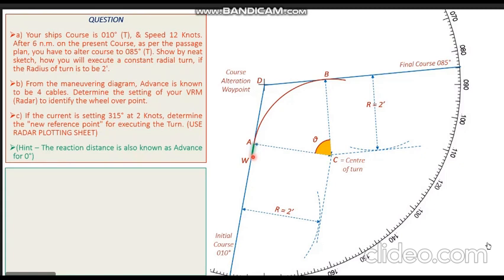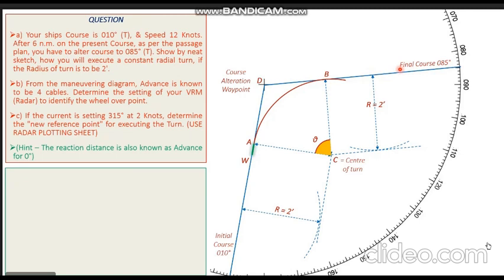Now moving further, we have the wheel over point on our plot as Whiskey. Along with the wheel over point, another important item which should be there in all our planned turns is the wheel over line. And we know that the wheel over line always passes through the wheel over point and it is parallel to my final course. So my final course is 085.